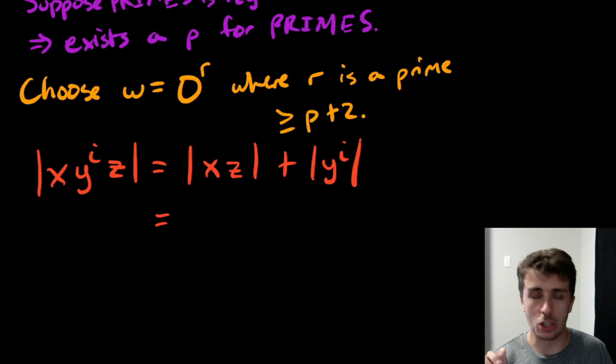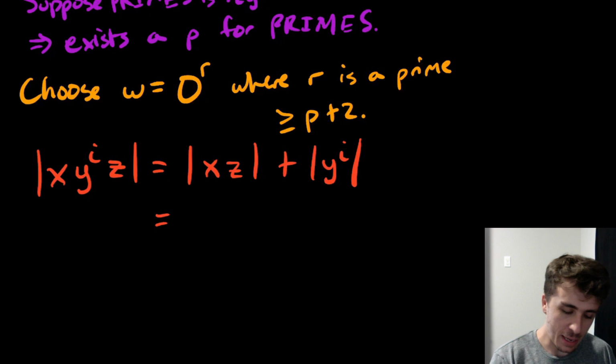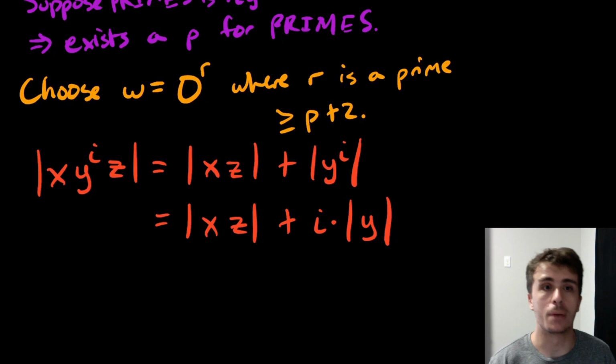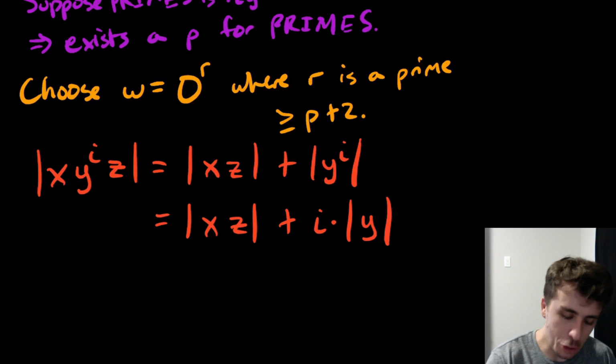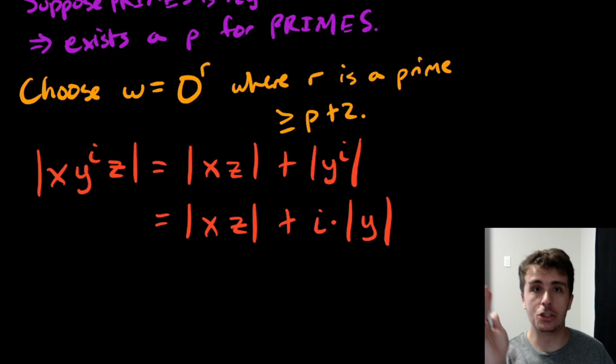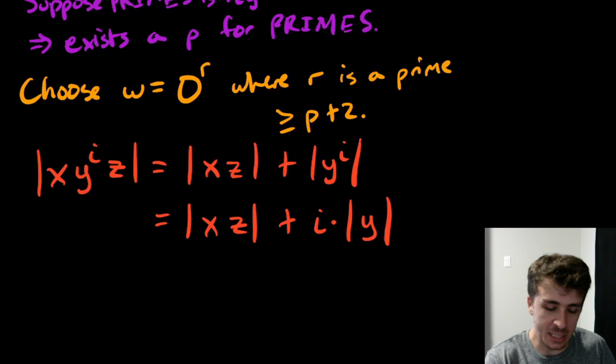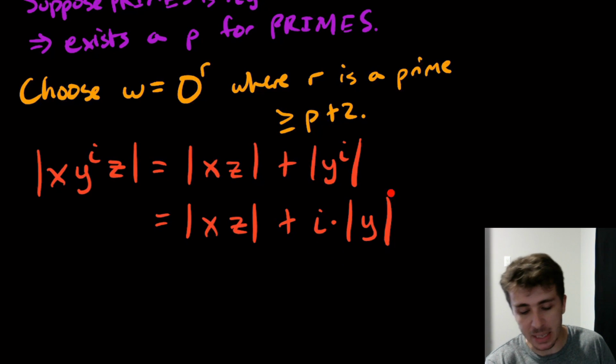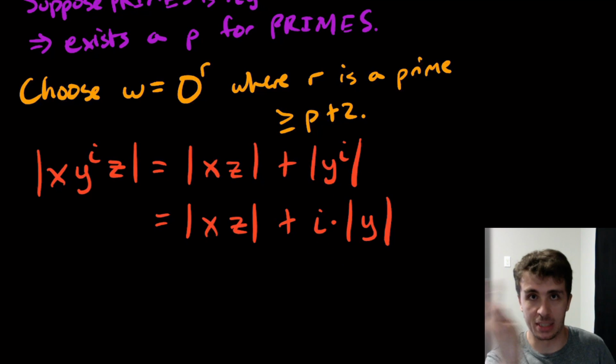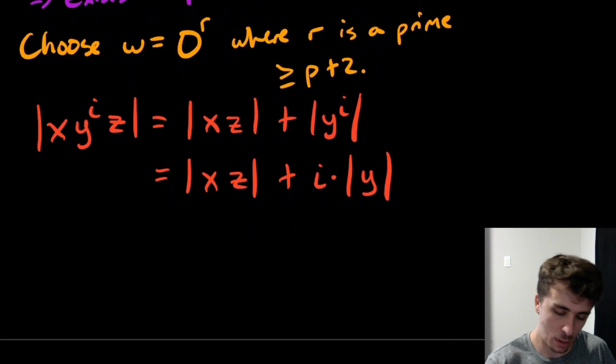I didn't change anything. Another thing I'm going to do is I'm going to have xz, so that's unchanged, but I'm going to have i times the length of y right here. And I can do this because y to the i is just y concatenated with itself i times. So if I only care about the lengths, it is i copies of the length of y, because it's just copying y over and over.